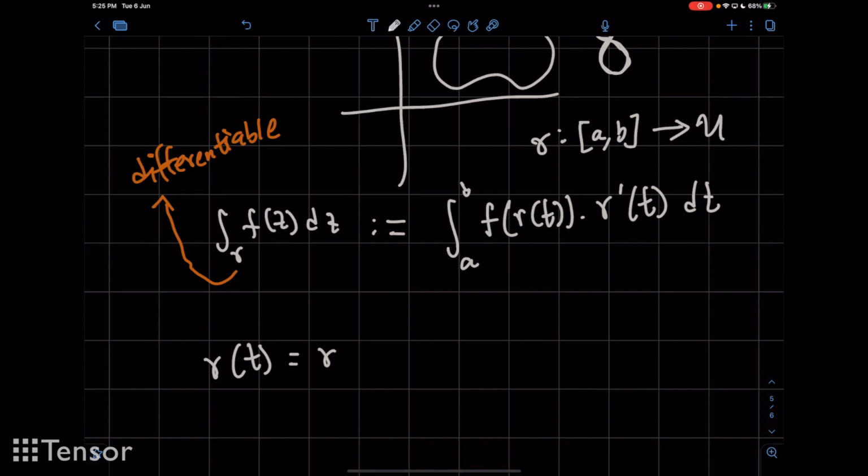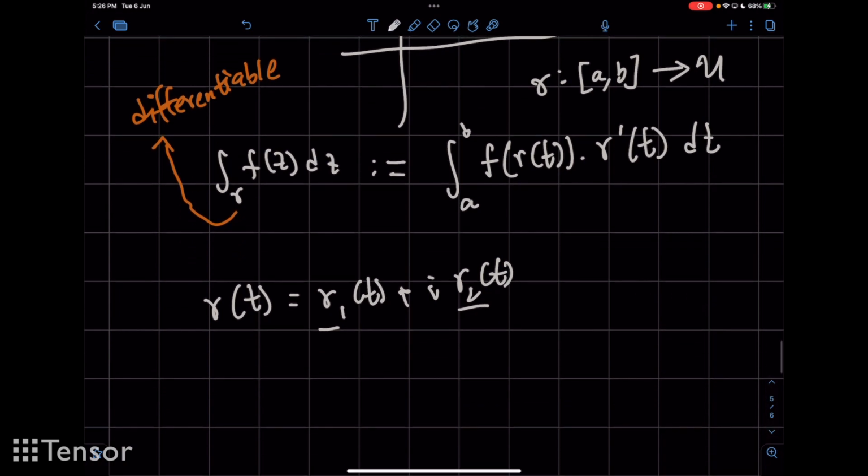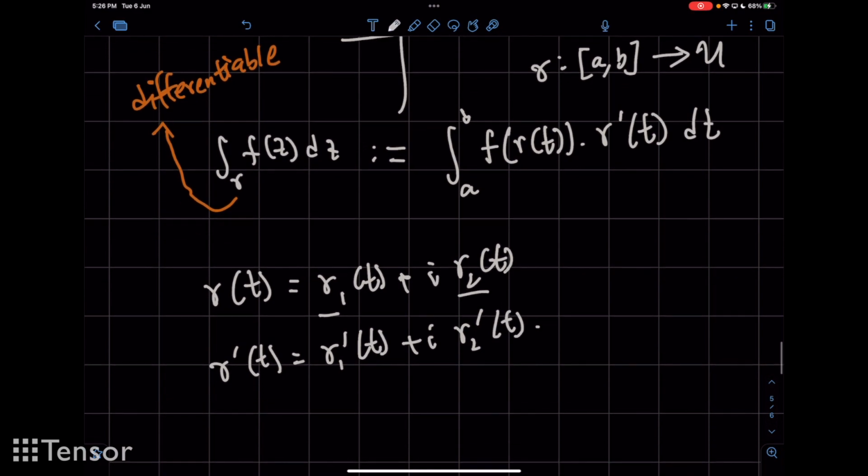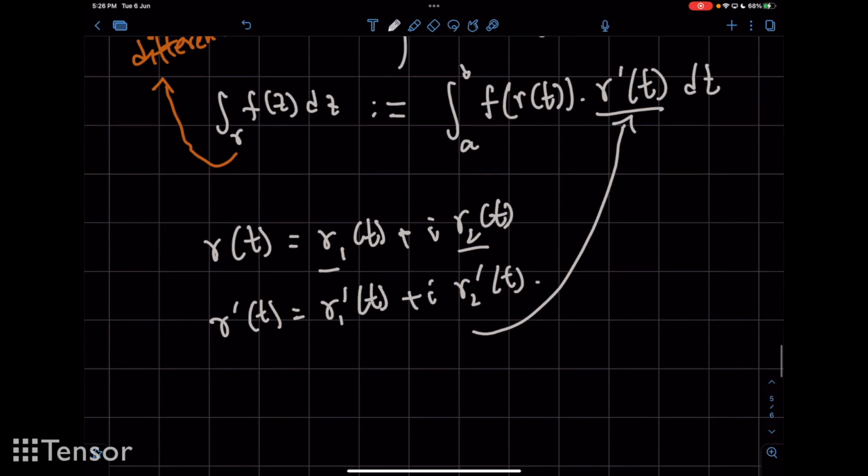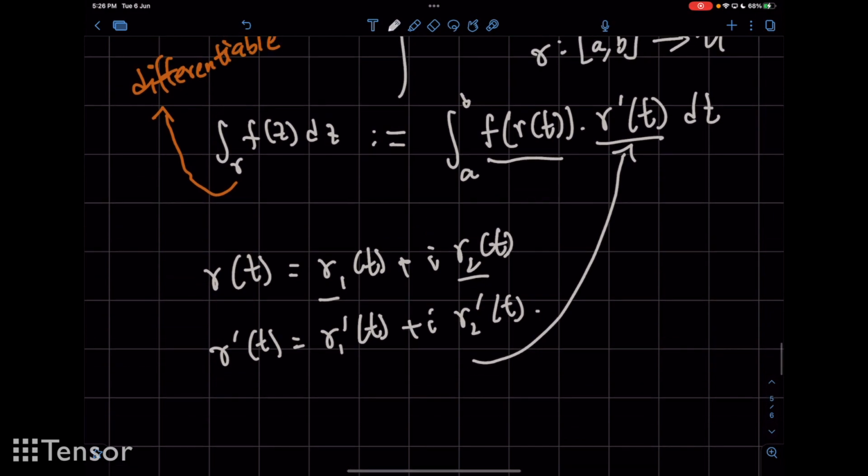Let's say gamma 1 of t plus i gamma 2 of t, where gamma 1 and gamma 2 are real valued functions. And by gamma prime, I mean gamma 1 prime of t plus i gamma 2 prime of t. And f of gamma of t is also a complex number, right?